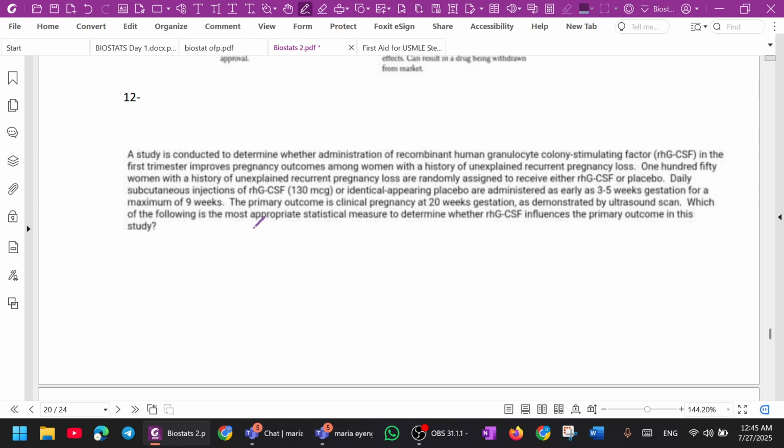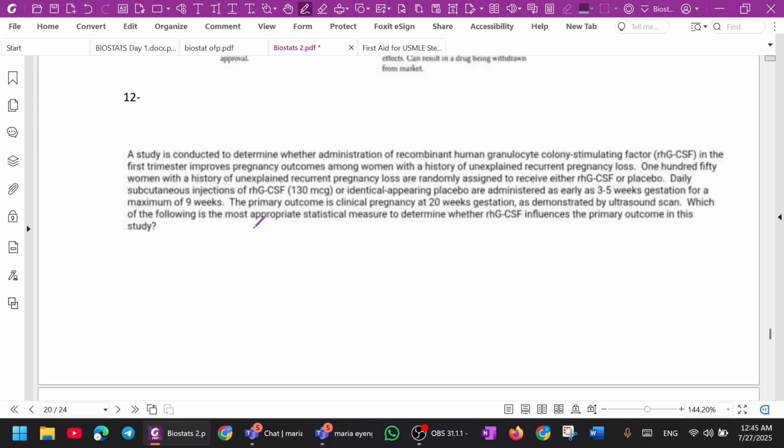Daily subcutaneous injection of recombinant human granulocyte colony stimulating factor 130 mcg or identical-appearing placebo is administered as early as 3 to 5 weeks of gestation for a maximum of 9 weeks. The primary outcome is clinical pregnancy at 20 weeks of gestation as demonstrated by ultrasound scan.